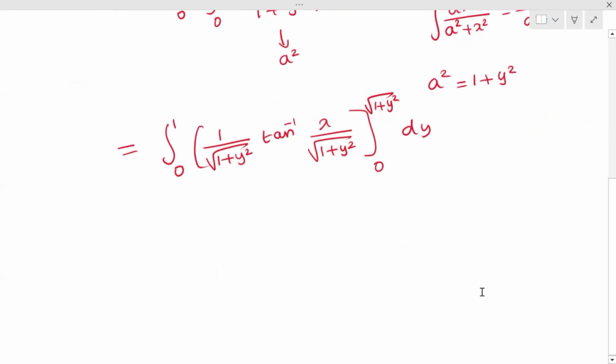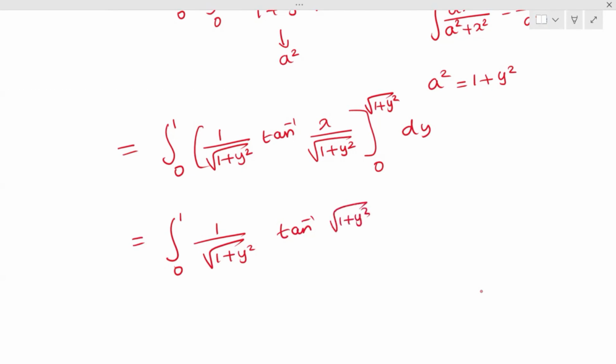Now we have to apply the limit for x. So 0 to 1, write the y term as it is, 1 by root of 1 plus y square, tan inverse of, apply the upper limit, root of 1 plus y square by root of 1 plus y square, minus, apply the lower limit, that is tan inverse of 0.